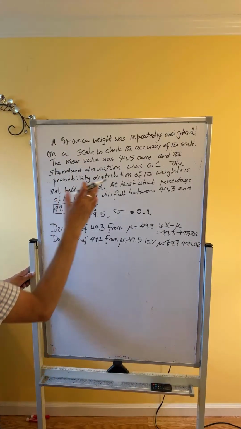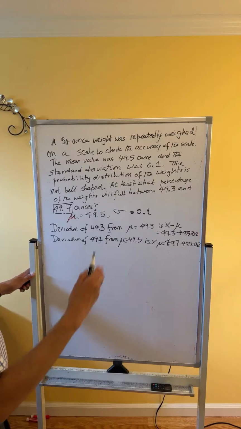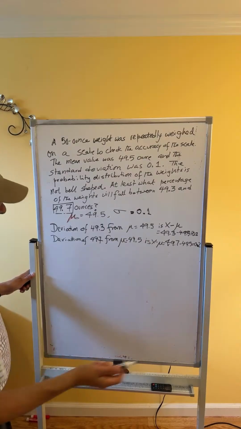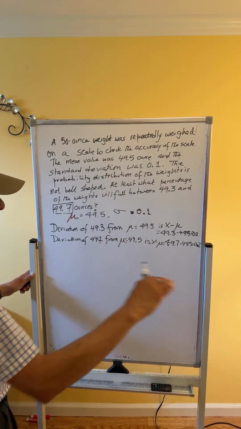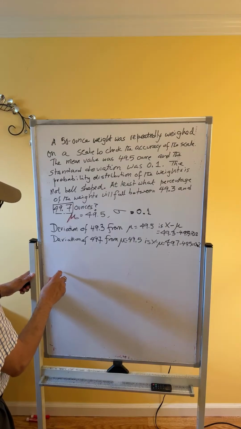So they told us that the distribution of weights is not bell-shaped. Bell-shaped is just like an inverted Liberty Bell. Here it is not bell-shaped. That means it may have an extended tail on the left or an extended tail on the right.